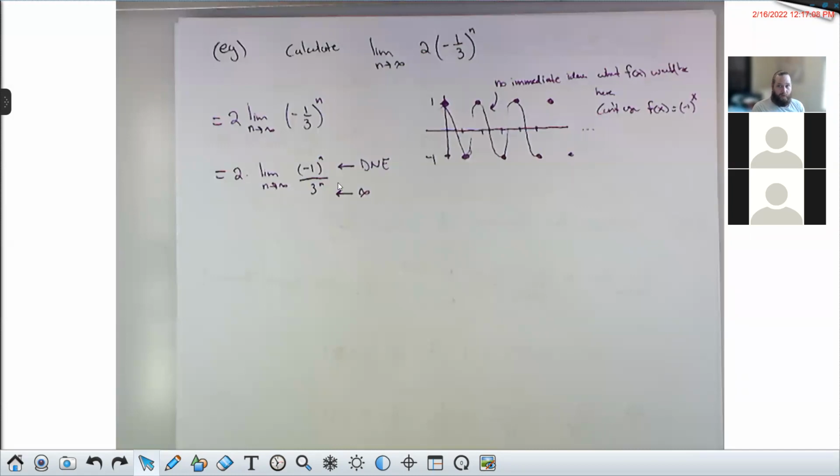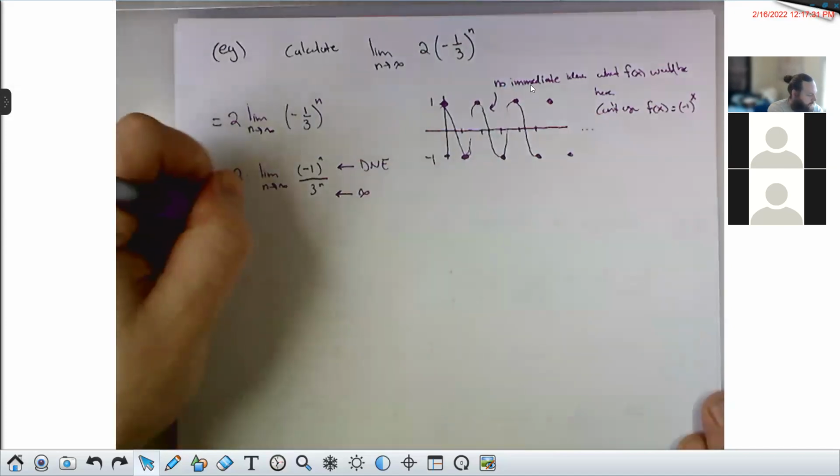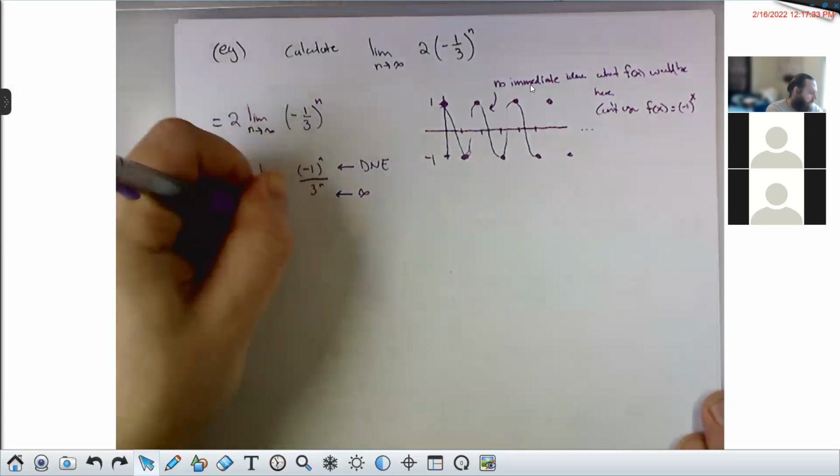I could do a squeeze theorem thing here. So because (-1)^n is always going to be either -1 or +1, I could say that this sequence is bounded below by -(2/3)^n and bounded above by +(2/3)^n. So we could use the squeeze theorem.